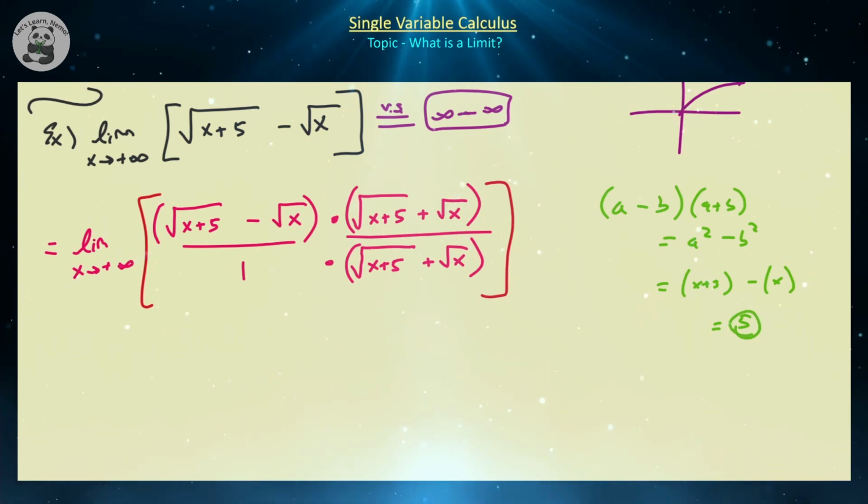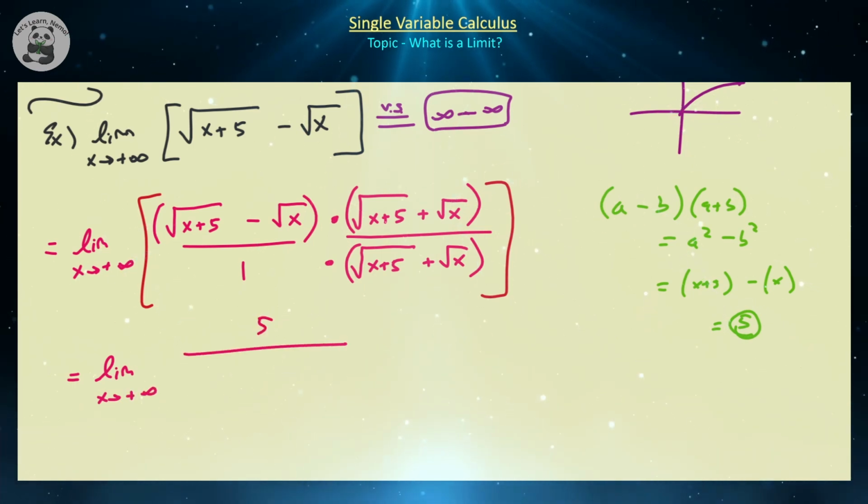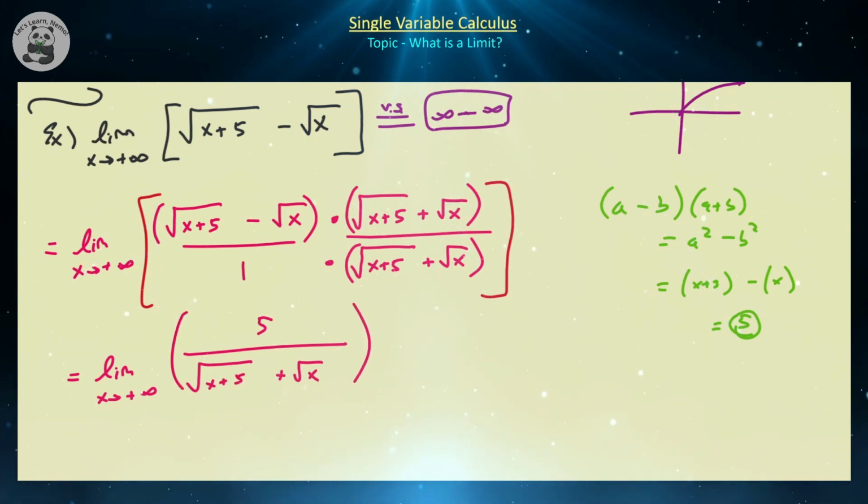So this is going to reduce down to the limit as x approaches positive infinity of 5 all over the square root of x plus 5 plus the square root of x, right? Now notice that the top is constant, and we know that infinity plus infinity, an arbitrarily large plus an arbitrarily large number, is also arbitrarily large, right?